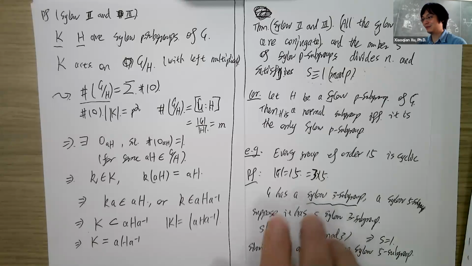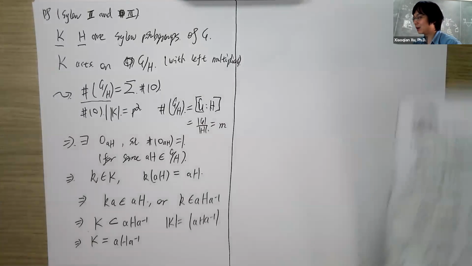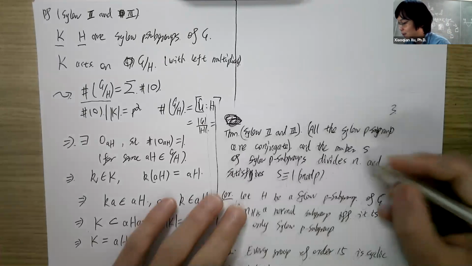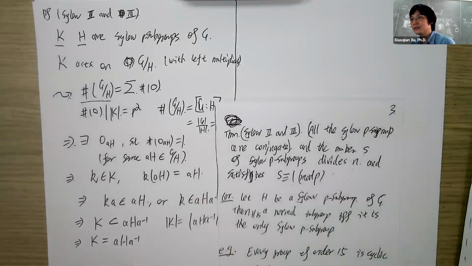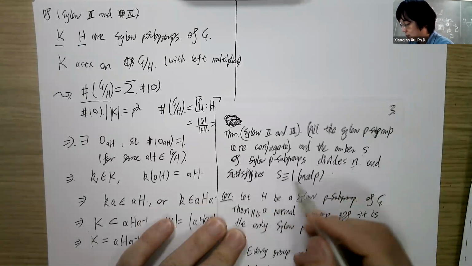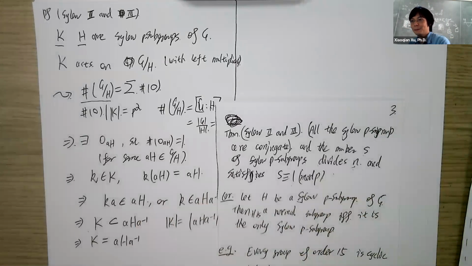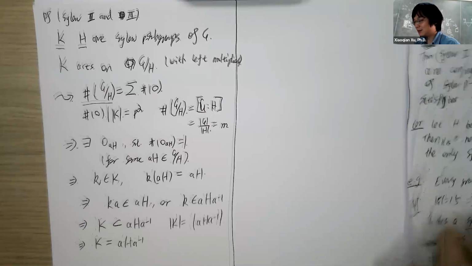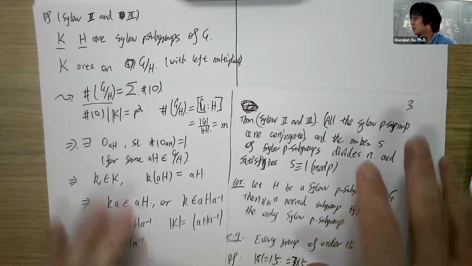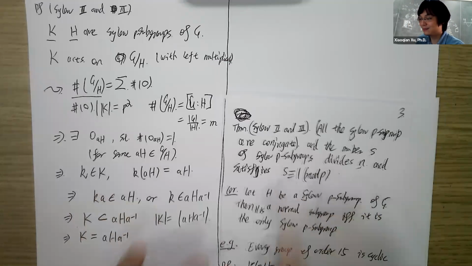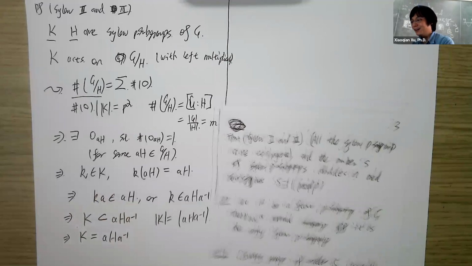No? Then let's continue. Now we want to show that the number of Sylow P groups first divides n and is congruent to 1 mod P. Let's first try to show that it divides n, and then compute what S really is.